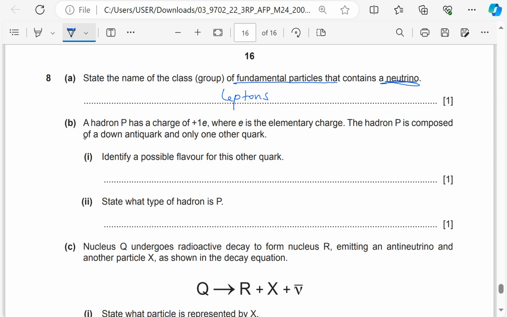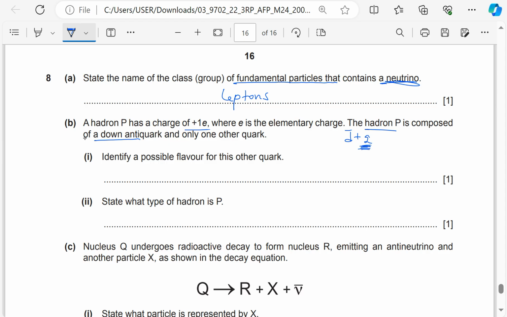A hadron P has a charge of positive 1e, where e is the elementary charge. The hadron P is composed of a down antiquark and only one other quark. Of course, since it is a hadron made up of a quark and an antiquark, this is most likely going to be a meson.